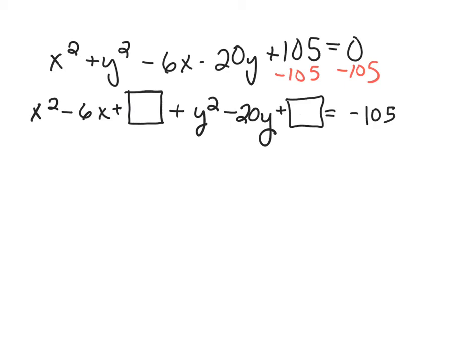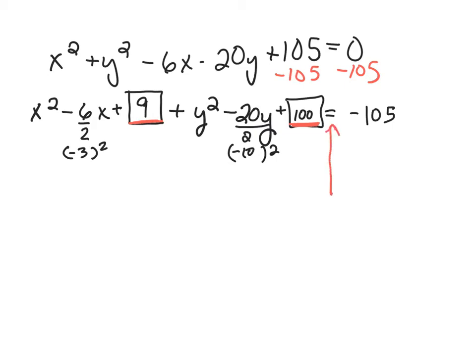Now what goes in the box is -6 divided by 2 is -3, and square it. -20 divided by 2 is -10, and square it. Now, because I put that in the box, I added 9 and 100 to the left side of the equal sign. In algebra, remember, this is a balance.